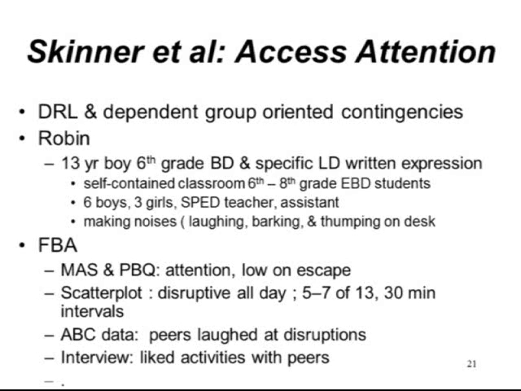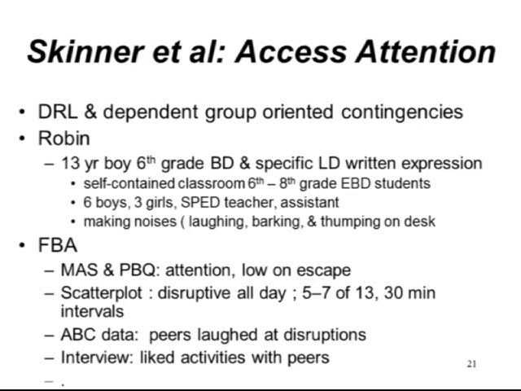So it works really well if you have a class where other kids are affecting the behavior of an individual student. This particular student was a 13-year-old boy with behavioral disorders, in a self-contained classroom for kids with behavior disorders. They did a number of functional behavior assessment measures: the Motivation Assessment Scale and the problem behavior questionnaire.